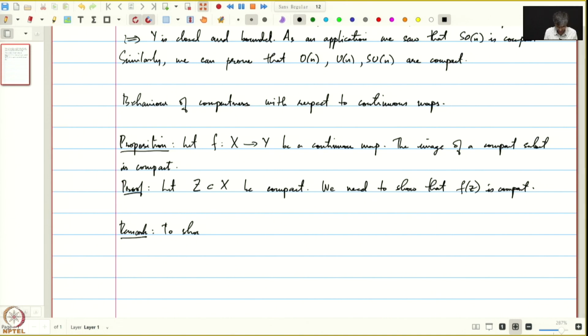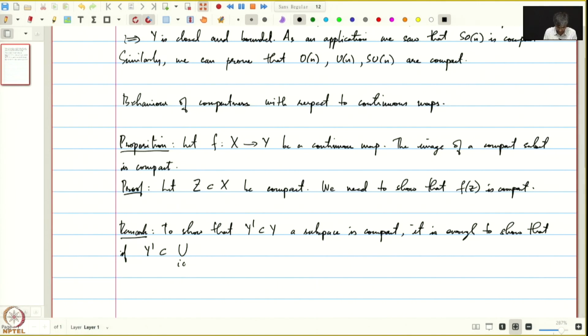To show that a subspace Y prime is compact, it is enough to show that if Y prime is contained in a cover union Ui, where Ui is open in Y, then Y prime is contained in a finite subcover.